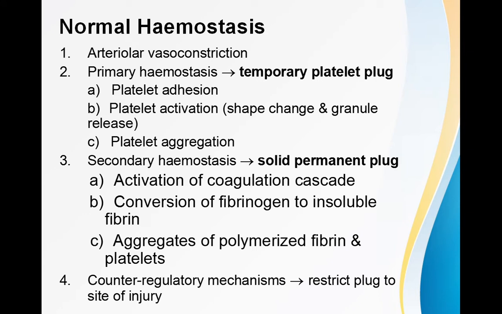Primary hemostasis: temporary platelet plug, platelet adhesion, platelet activation, platelet aggregation. Secondary hemostasis: solid permanent plug, activation of the coagulation cascade, conversion of fibrinogen to insoluble fibrin, aggregates of polymerized fibrin and platelets. Counter-regulatory mechanisms restrict the plug to the site of injury.